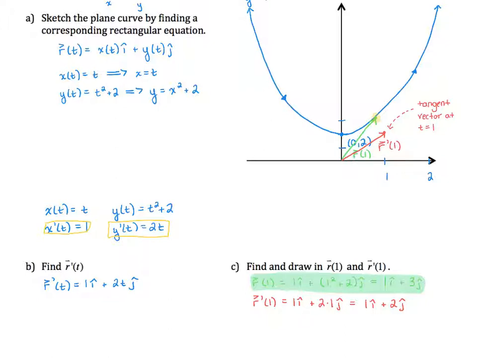Translations of this vector, shifts up and down and around the coordinate plane, don't change it. As long as it has the same magnitude and direction, it is the same vector. So I could very easily in my mind shift this vector up to that point and make it look more tangent to that point, and it would still be the same vector.